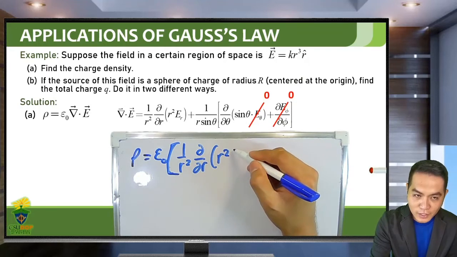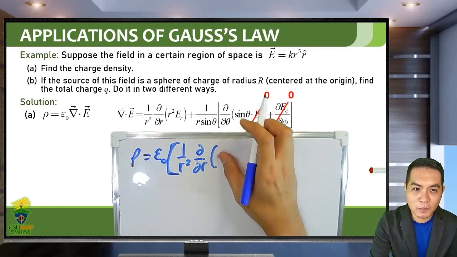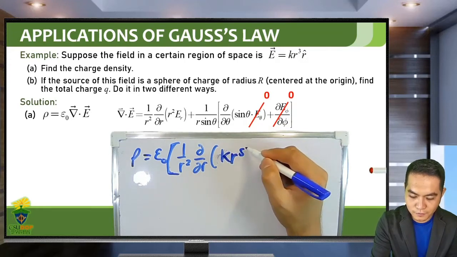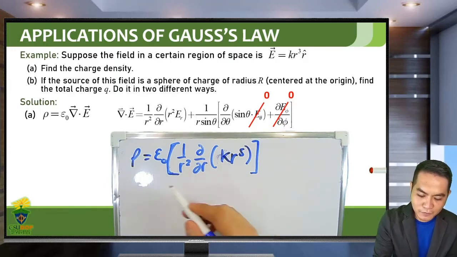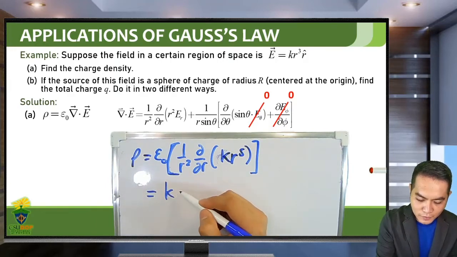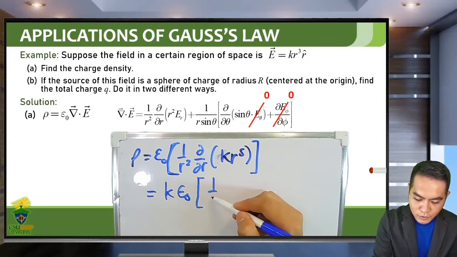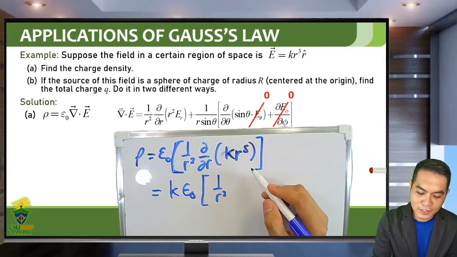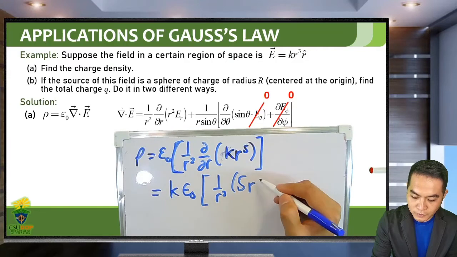So I'll just multiply it directly with r squared, so it becomes k r to the 5th. Okay, derivative with respect to r of k r to the 5, I will just take out the constant, so you have k epsilon naught times 1 over r squared. The derivative with respect to r of r to the 5 will just be 5 r to the 4th.